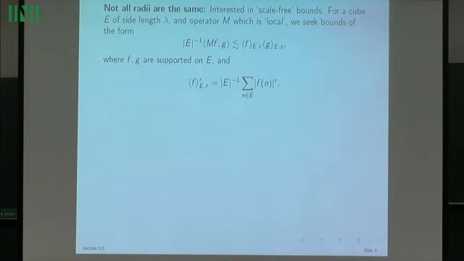So, nevertheless, we're interested in scale-free bounds. So what we're going to look at is some sort of operator, a spherical average, say, and we're going to think of it as acting on functions supported on a cube E of side length lambda.